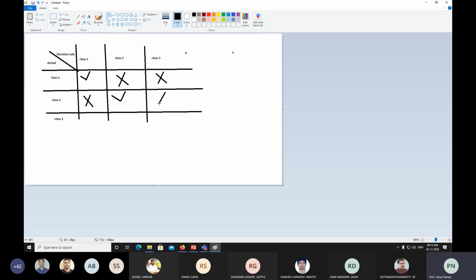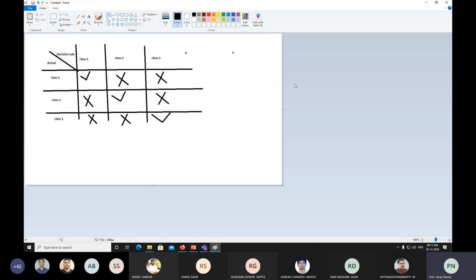If it is actually from class 2 but classified in class 3, there is an error. Similarly for the rest. So are you understanding me?